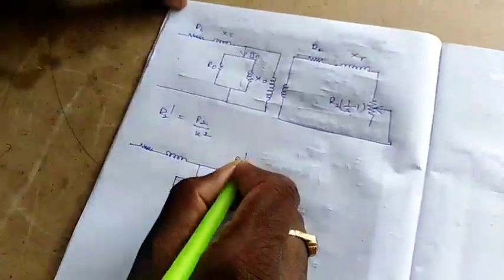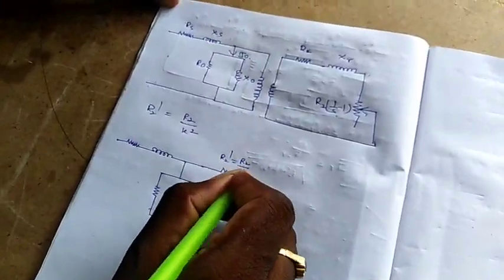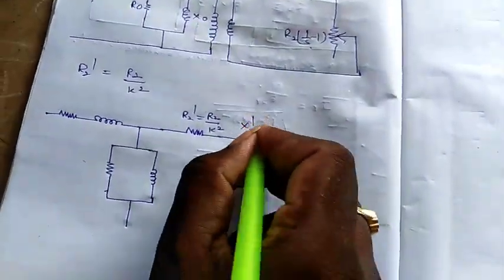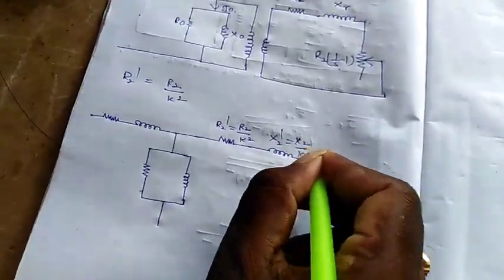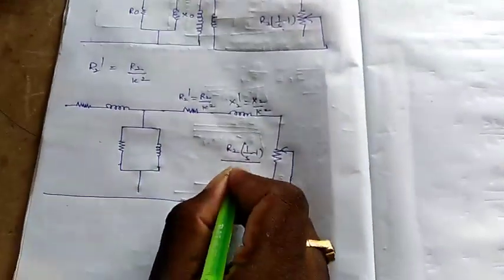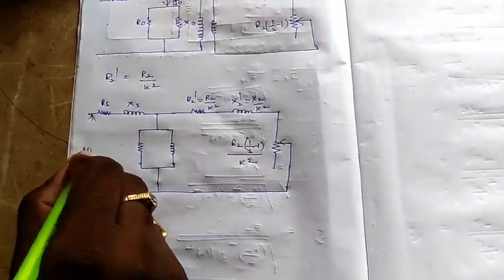This is R2 dash, equal to R2 by K square. Similar way X2 dash is X2 by K square. This is R2 (1 by S minus 1) divided by K square. This is RS. This is supply.